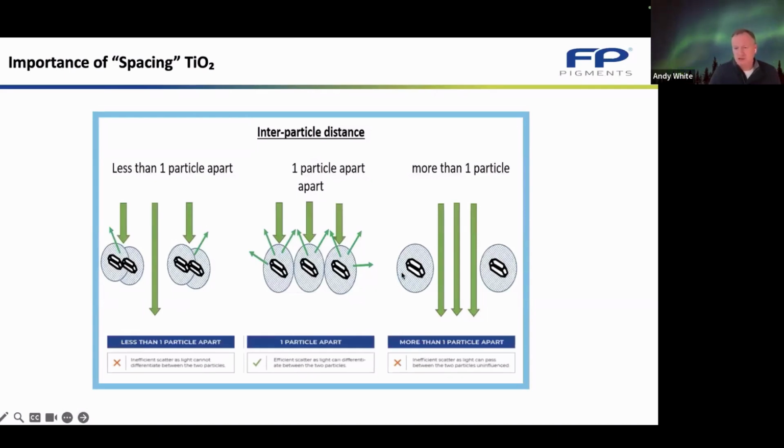If you have titanium dioxide crystals too far apart, whole wavelengths of light can pass between them and not interact. And so what you wish to have is titanium dioxide particles of the right particle size, approximately 1 particle size apart. It's that philosophy and that technology on which the FP Pigments product, that I'll only mention one at a time in this presentation, is based. The rest is all about TiO2.